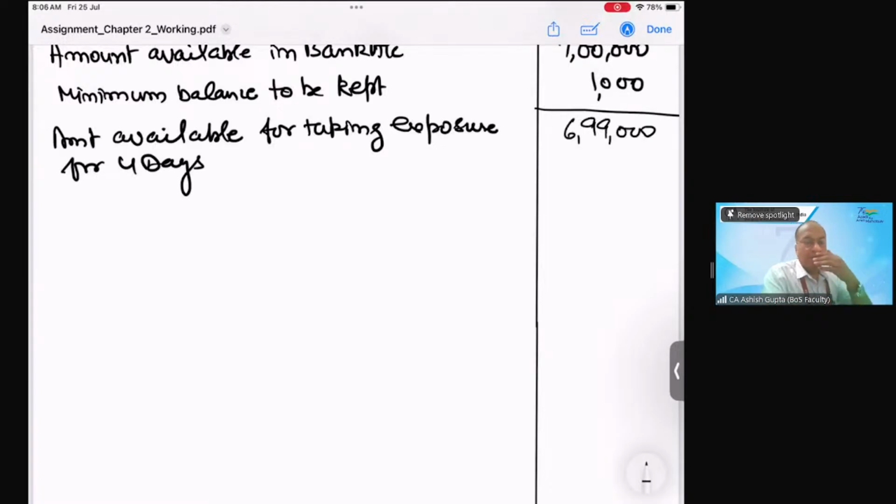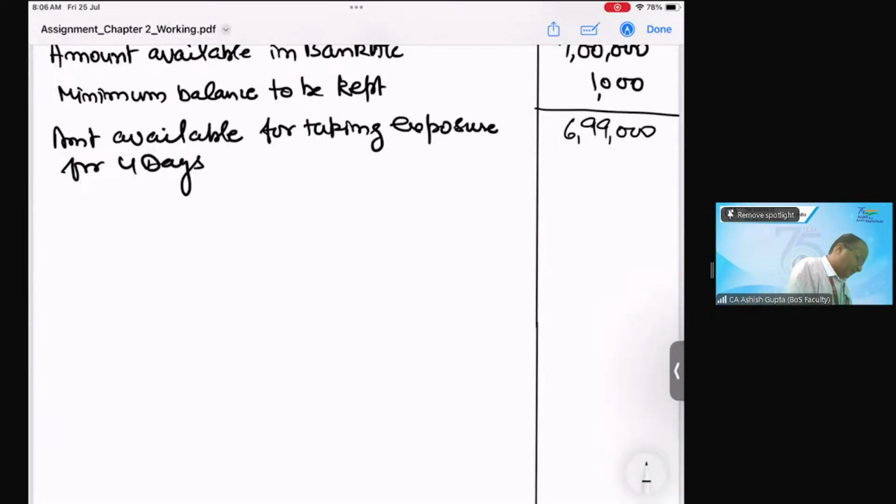See, students, generally when we talk about exposure, this exposure can be in the derivative market as well, because in the derivative market we do not have to make the full investment there. We just have to make some payment. So this exposure can be considered in that sense only. Because the amount available for the loss is 699.